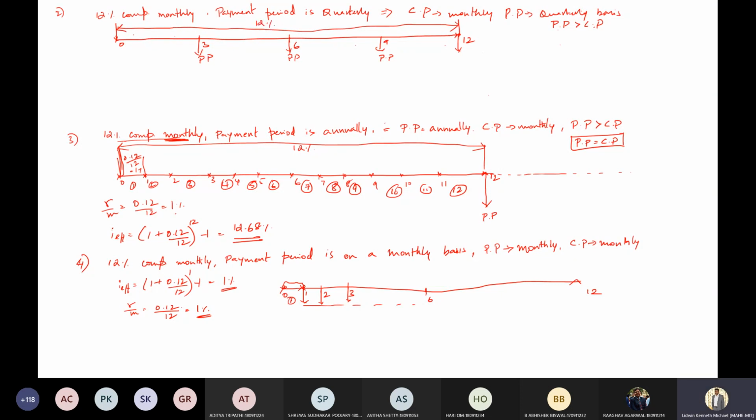So what will be the interest rate for this? 12% compounded monthly, so it is nothing but 1%. This is 1, this is 2.